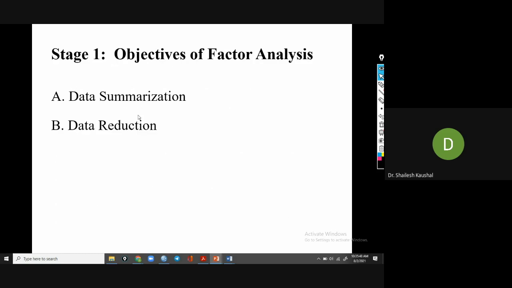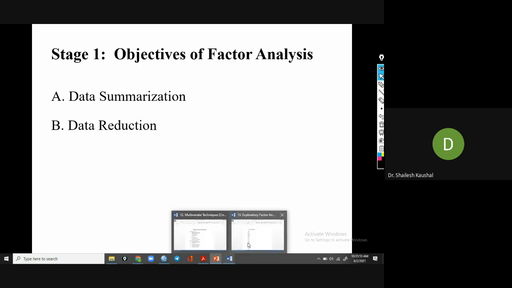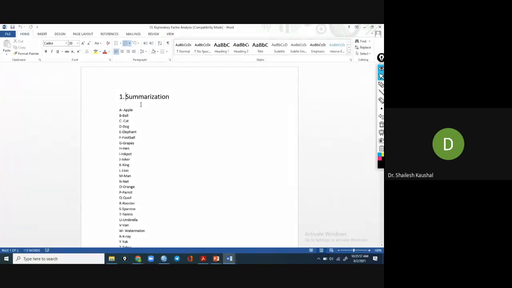Now, the objective of factor analysis is data summarization. What does data summarization mean? It's a very simple example.